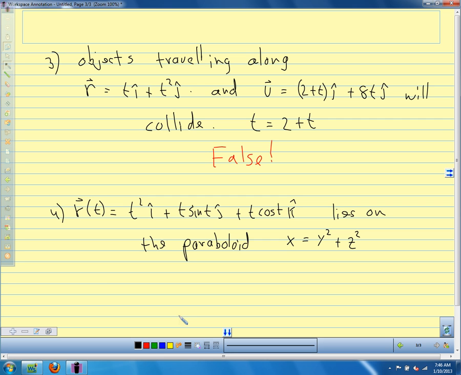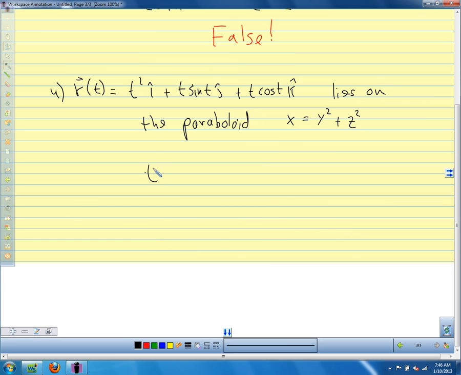Okay, so Cole says that's perfect. Cole says t squared equals t sine t squared plus t cosine t squared. And that's exactly this relationship.